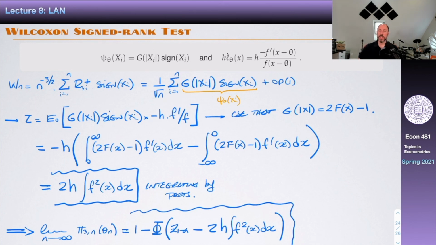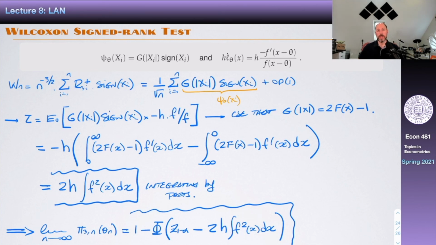Notice how convenient this was, because the behavior of this test statistic under the local alternatives is convoluted, at the very least. And notice that in the previous class, we did this in the context of the normal location model. We didn't have this. We had something that looked like square root pi divided by something. And that's because in the context of the normal model, that's exactly what this integral equals.